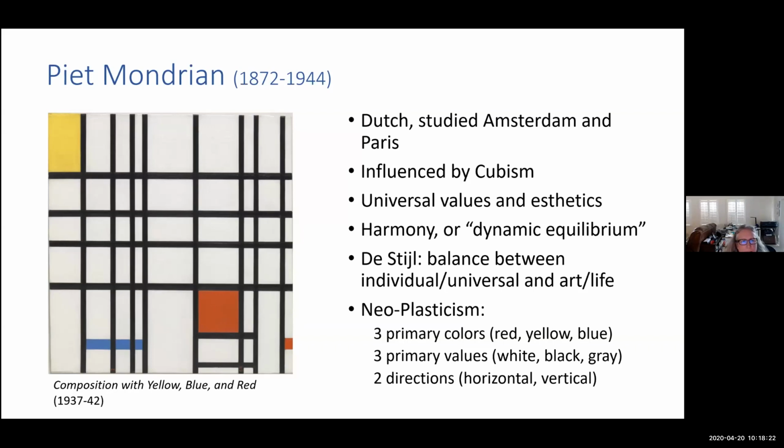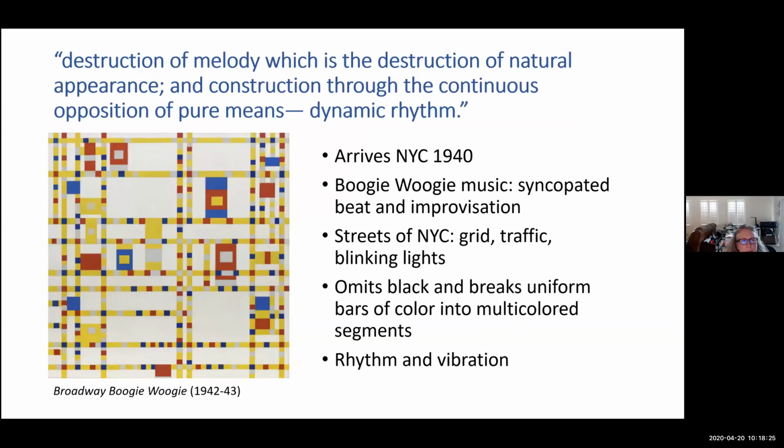Now, he eventually moves to New York in about 1940. And this is a later work that he has done in New York. And you can see how he's evolved his style here. He was very influenced and loved boogie woogie music and the beat and the improvisation of it.